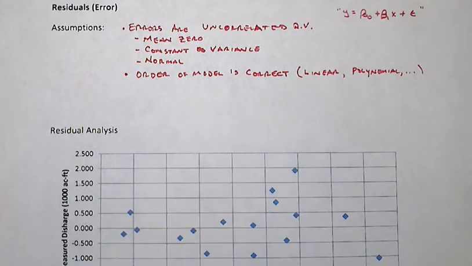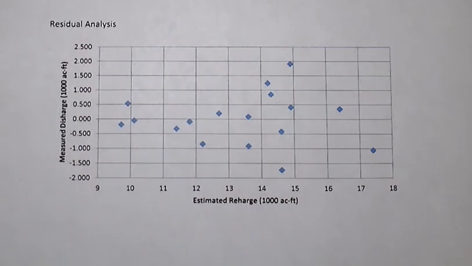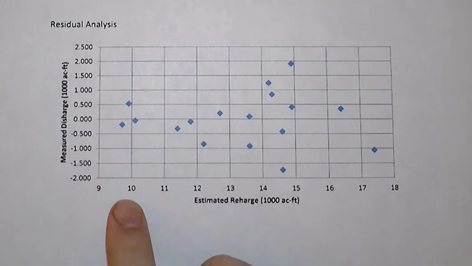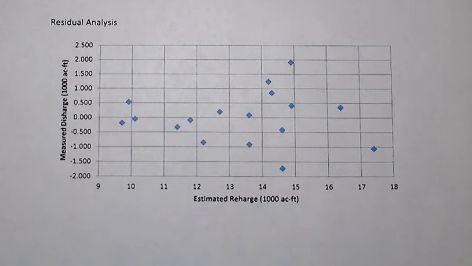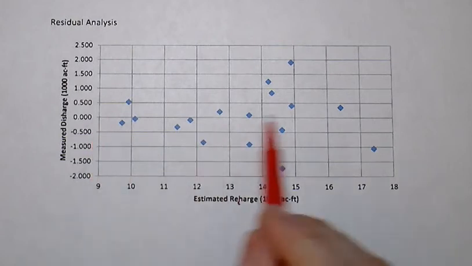Okay. The other aspect of looking at residuals and analyzing them is, first off, to simply plot them and see if any particular trends emerge. For the recharge and discharge data that we had, you see that it bounces a little bit back and forth on either side of 0.